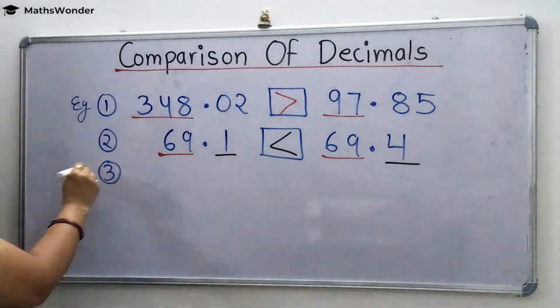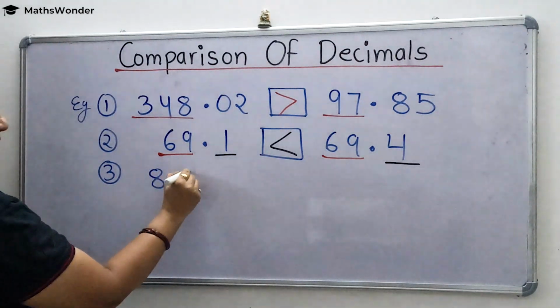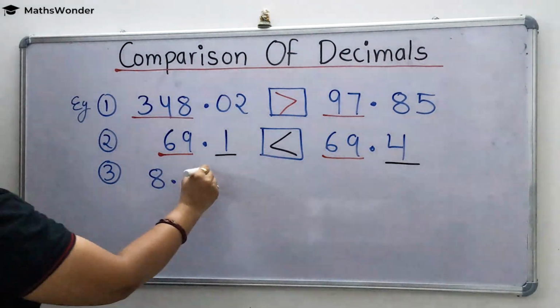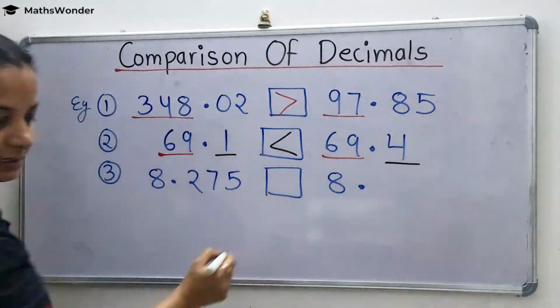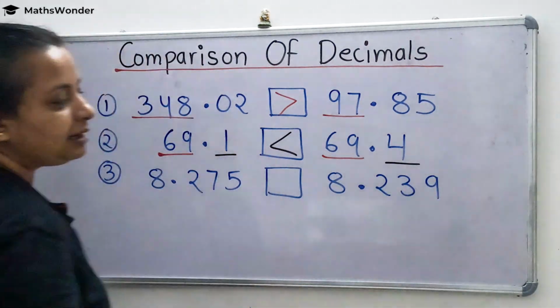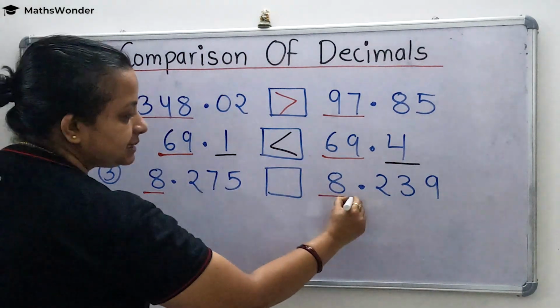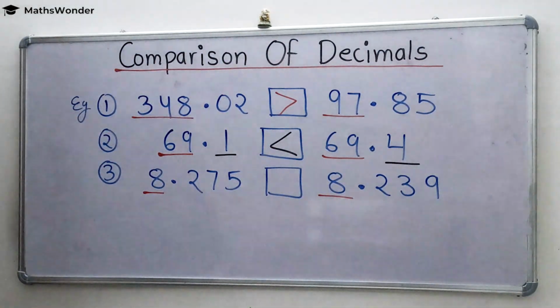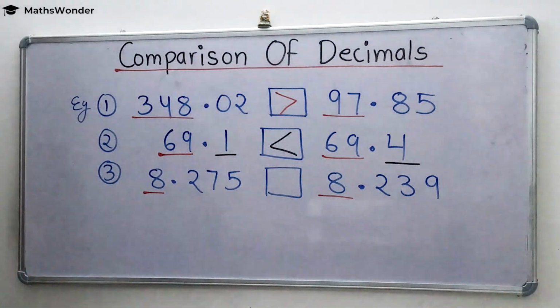Now the third comparison. Suppose 8.275 and 8.239. Now which is greater? First of all we will check the whole part. Here the whole part is the same. Now move to the decimal part, and check the tenths place.